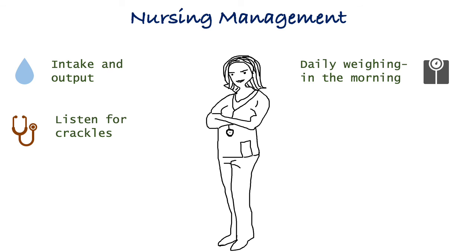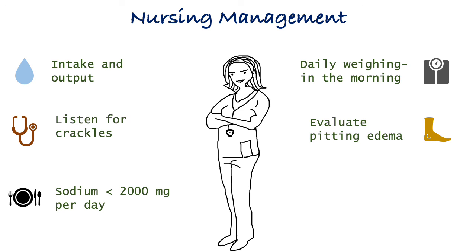Auscultating the lung sounds every day to detect an increase or decrease in the crackles. Identifying and evaluating the severity of the pitting edema. Limiting the sodium intake to less than 2000 mg per day for a heart failure patient. And last but not least, it is important to be active but have rest periods between activities to reduce the workload of the heart.